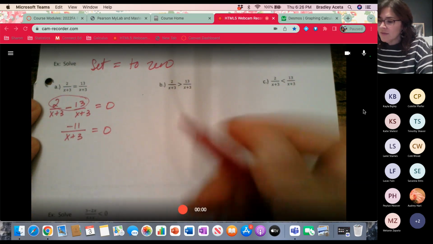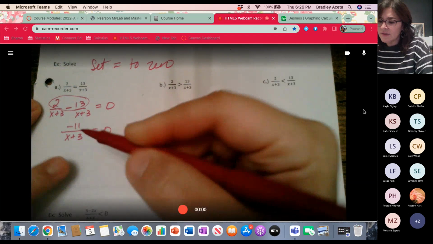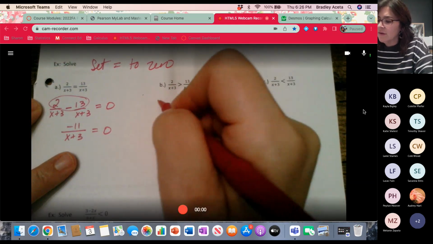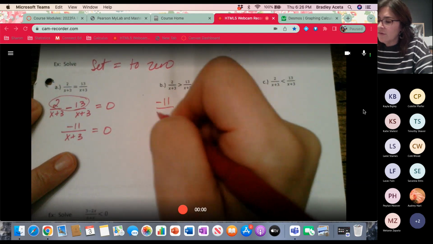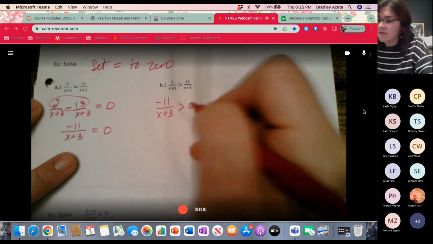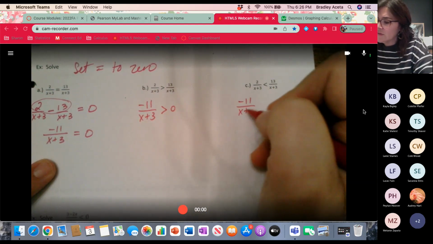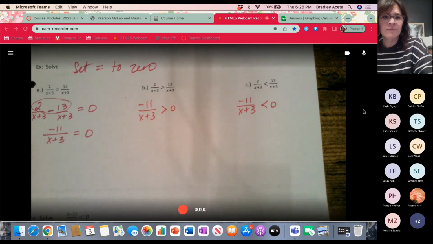And now that's what I'm going to do for all of these. Instead of looking at 2 over x plus 3 greater than 13 over x plus 3, I'm going to write -11 over x plus 3 greater than 0. On this one, I'm going to look at -11 over x plus 3 less than 0.